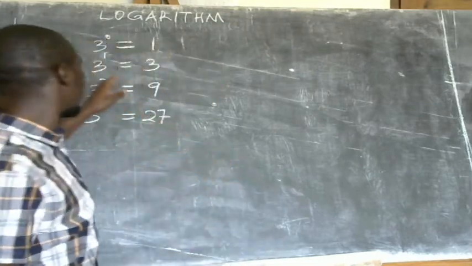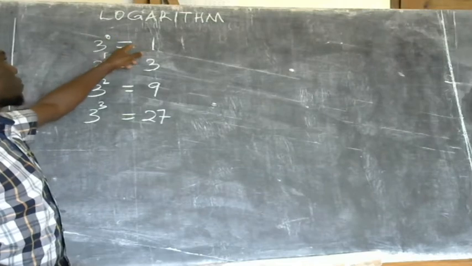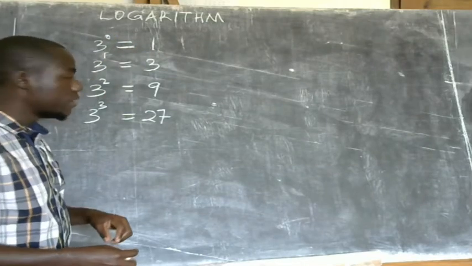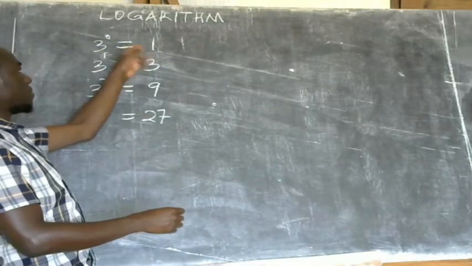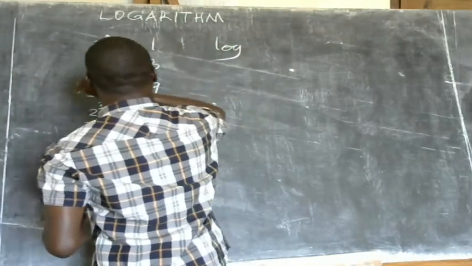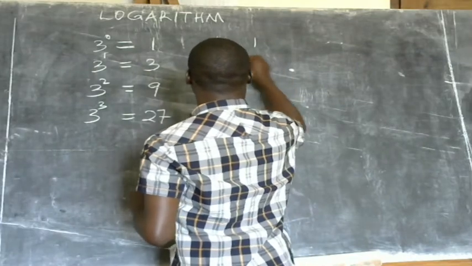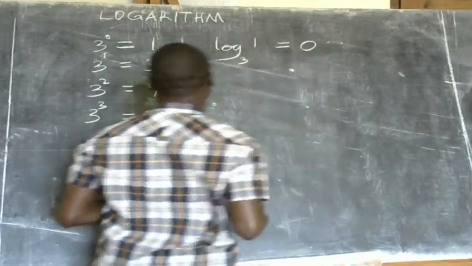For example, remember in indices, we had 3 power 0 to give us 1. So this is the index form. Now, in logarithmic form, log of 1 base 3, this one here is going to be 0.